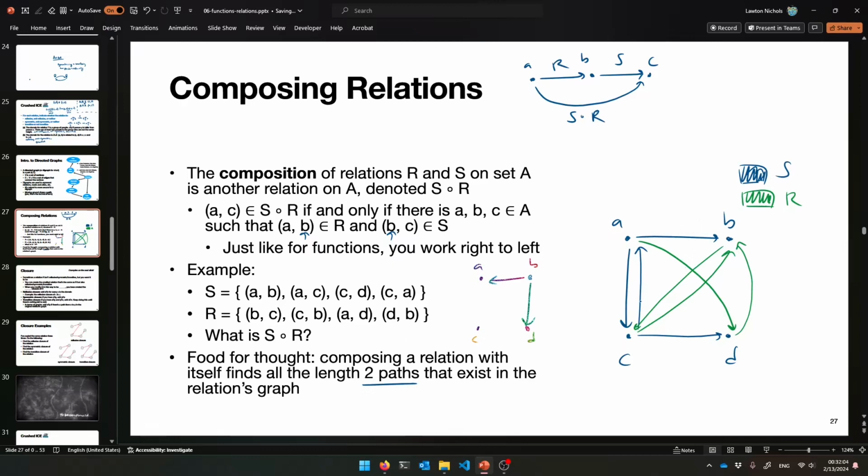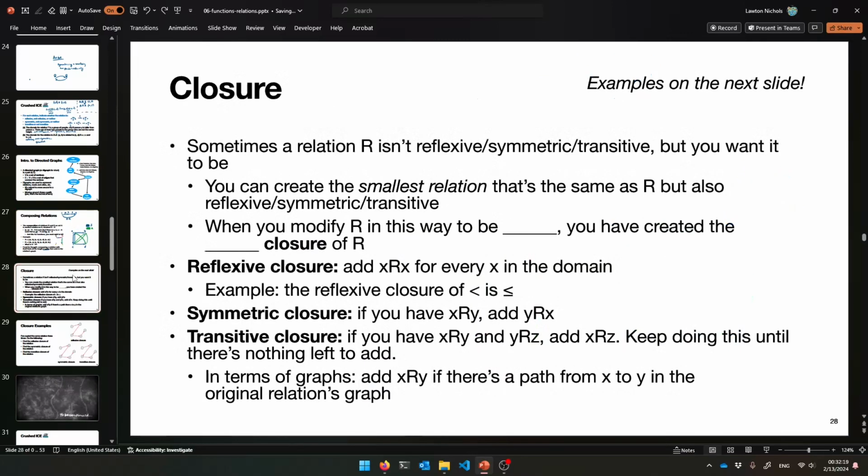That's pretty cool. This would be in S composed with S, because you could follow this arrow, then you can follow that arrow right after it. That's kind of cool.